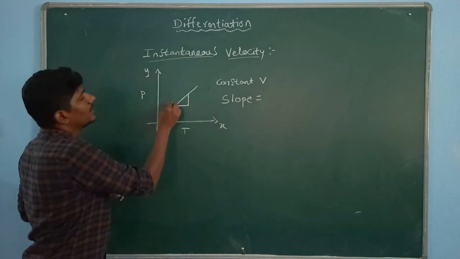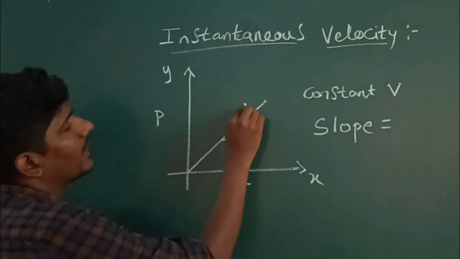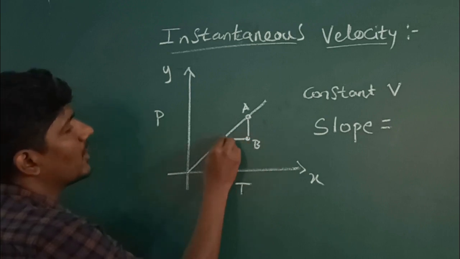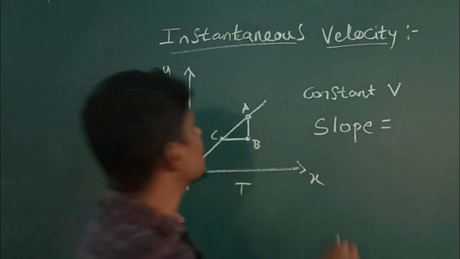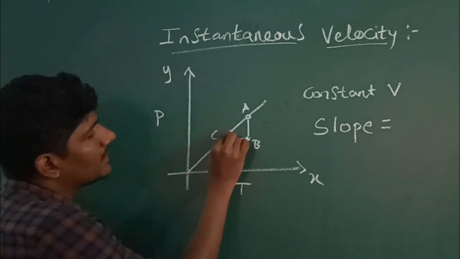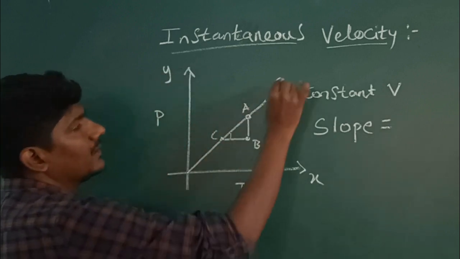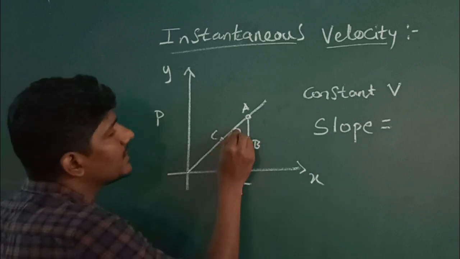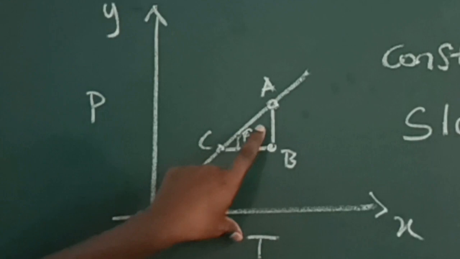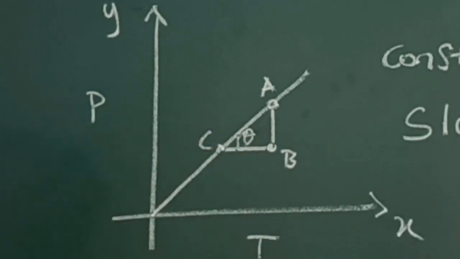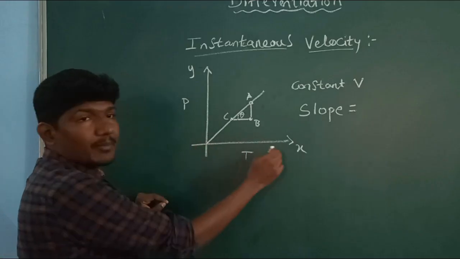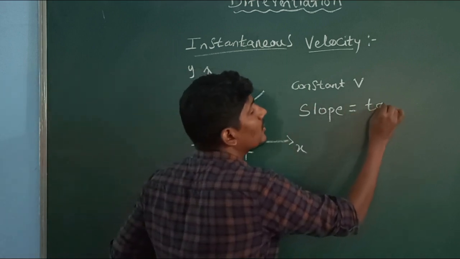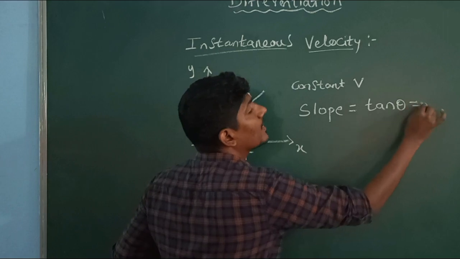For the slope, I will take this as point A, this as point B, and this as point C. Slope means, in the graph, this straight line makes an angle theta with the x-axis, or time axis. So the slope is also equal to tan theta.